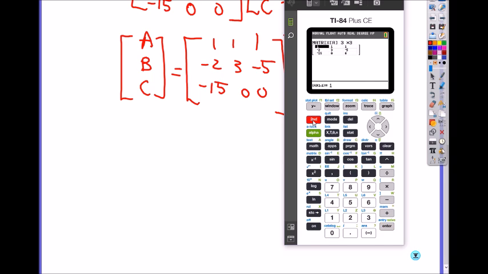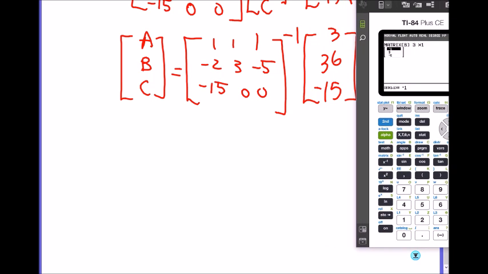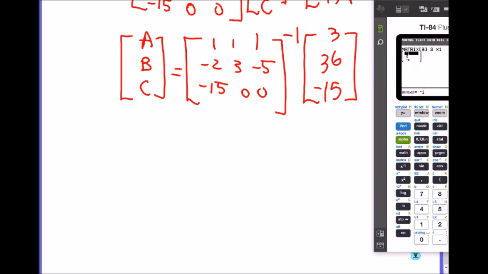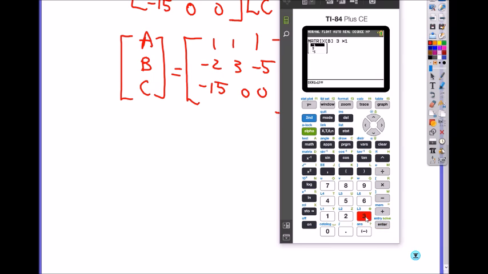Okay. Go to second matrix, and I'm going to add the second matrix to 3 by 1, which is 3, 36, negative 15. Okay? And then quit it, second mode, quit.